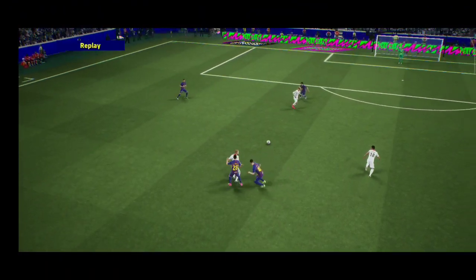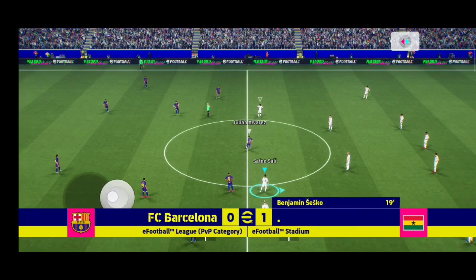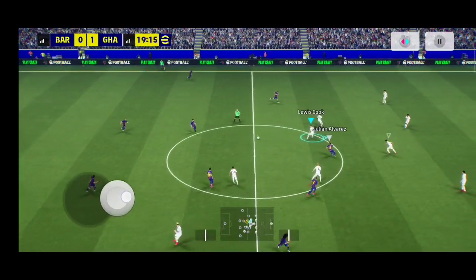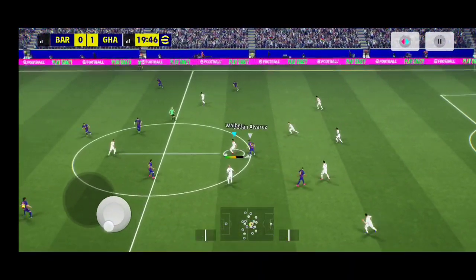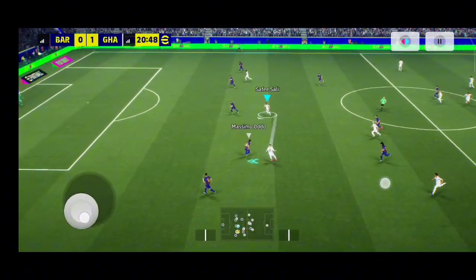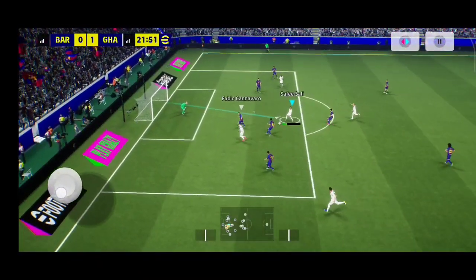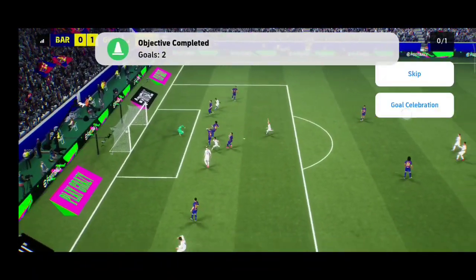The controlling is unrealistic. There's something that keeps dragging you. I keep saying it, and it's so annoying. So we just move backwards. I was moving backwards, but the player got dragged forward. And yeah, that's it for this particular match, and I'm just going to win this one.